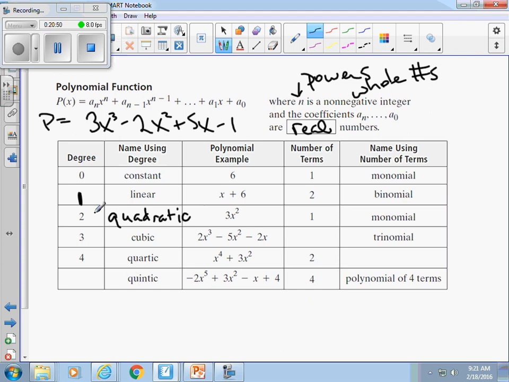So a quadratic function has a highest power of 2. This is an example of a quadratic. This particular quadratic only has 1 term, so it's still a monomial. You see how it's a little different based on degree or number of terms? Some quadratics have 3 terms, and those are called trinomials. So the number of terms is this naming, and the degree is this naming.